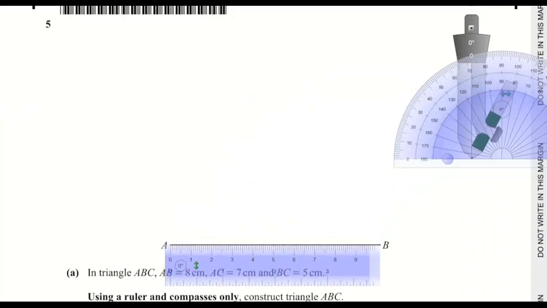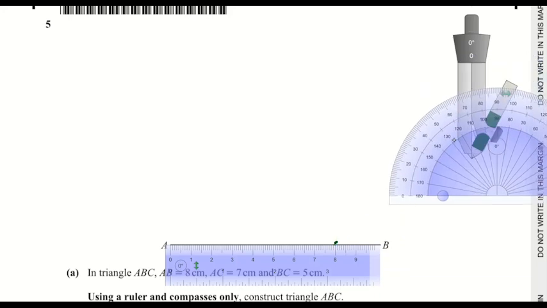If you place the ruler here, you see that AB is more than 8 centimeters, contrary to what is given in the question, because when I uploaded the question paper here, it was enlarged. So I'm just going to measure out 8 centimeters, and it will be this spot here. That will be point B.